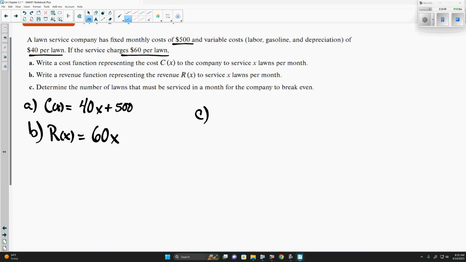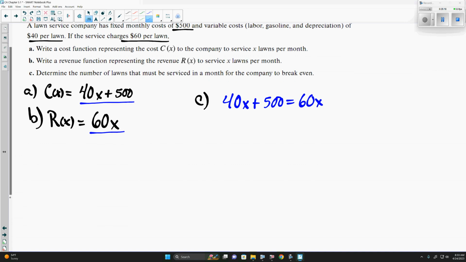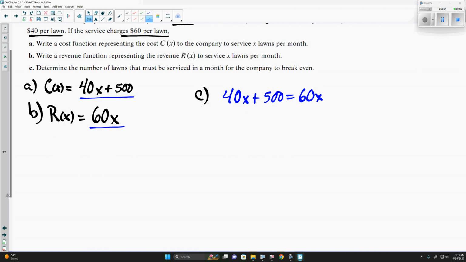So if we're talking about break even, we're trying to see when these two equations will be the same, when they're going to be equal. Now there's two ways we can go about it. The first, we just set the two equations equal to each other and solve for x.